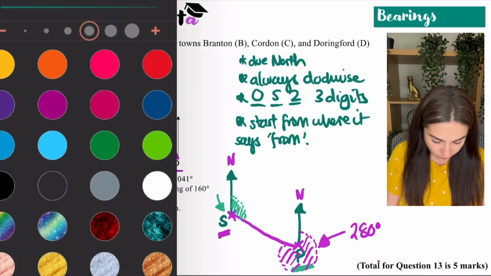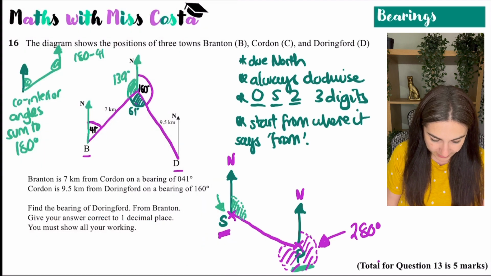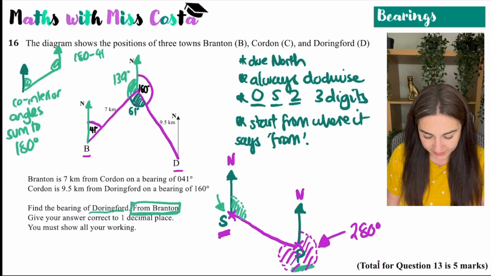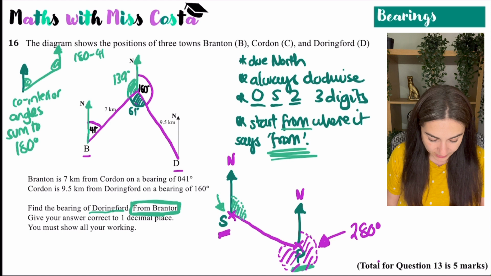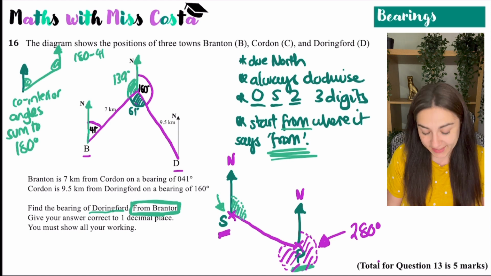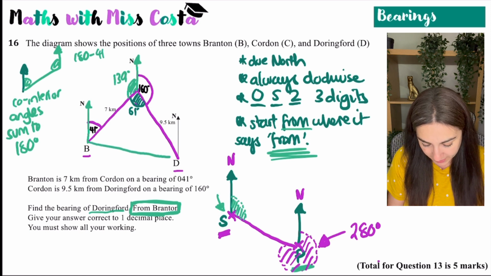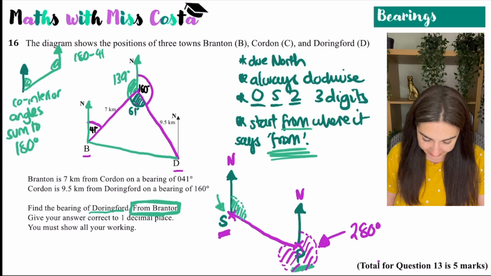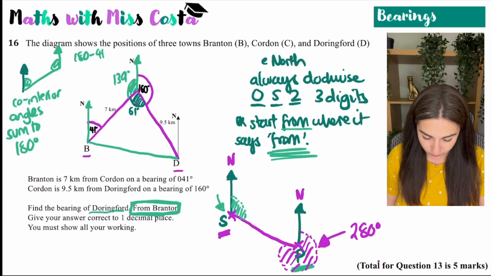Now, I want to find the bearing of Dorringford from Branton. Now remember, that's the key word that we need to look out for. So we start from where it says from. So first things first, I want to draw a straight line from Branton to Dorringford. So essentially, I'm just going to get rid of all of this.